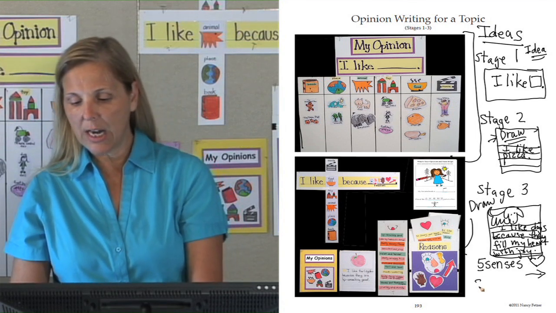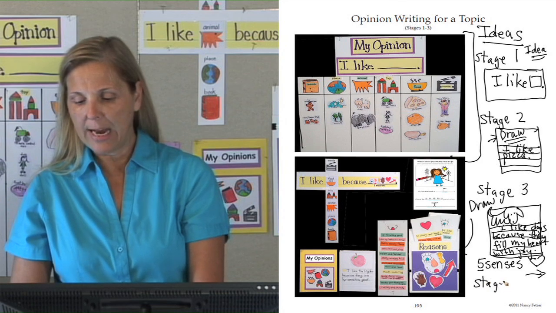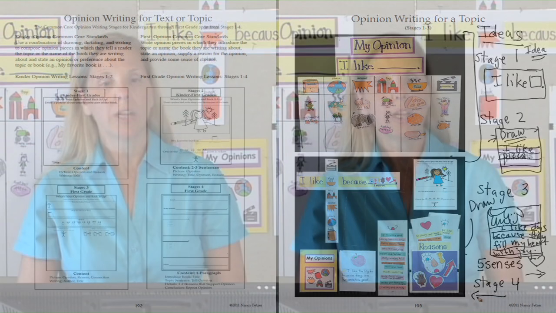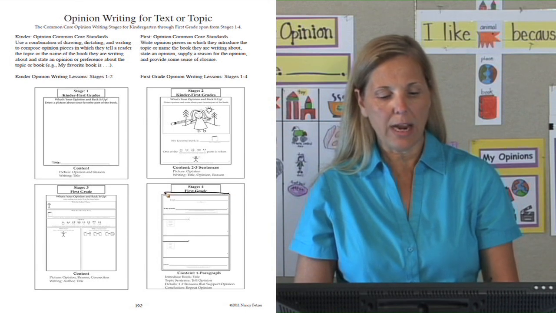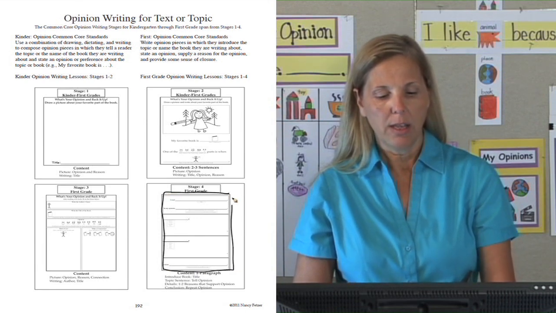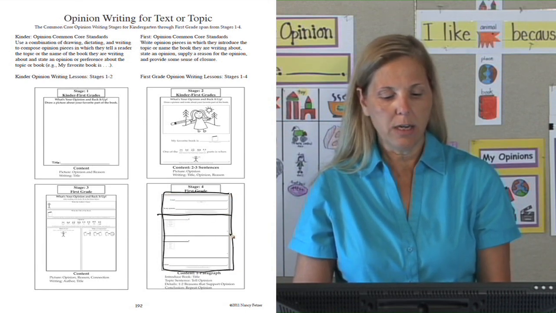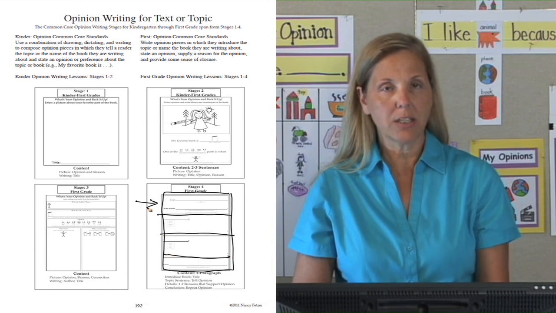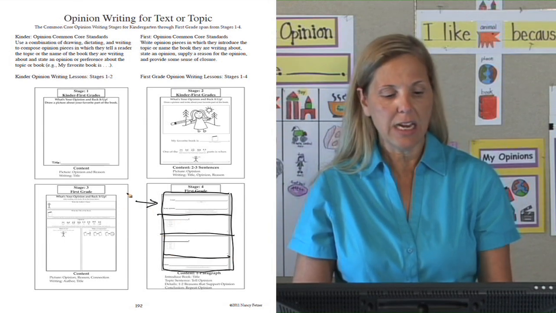Finally, when we go to stage 4, what I'm going to ask you to do is jump to page 192. On page 192, we have our organizer that has 1, 2, 3 lines. The top box is going to be for the opinion. I like.